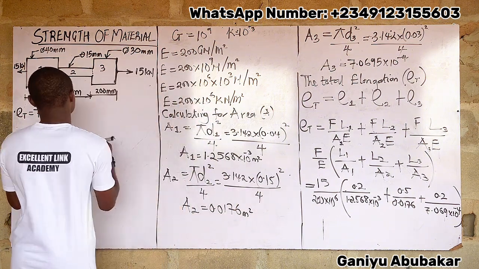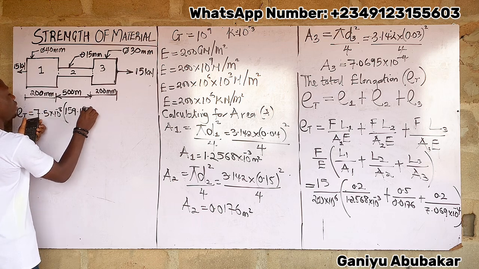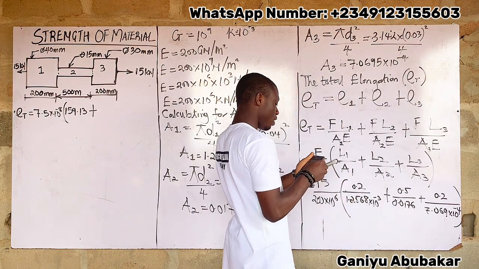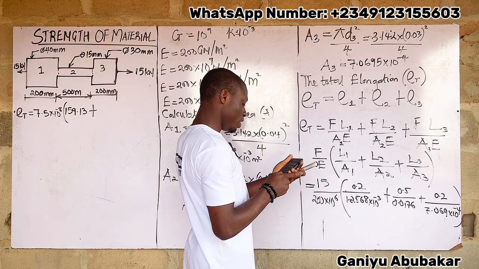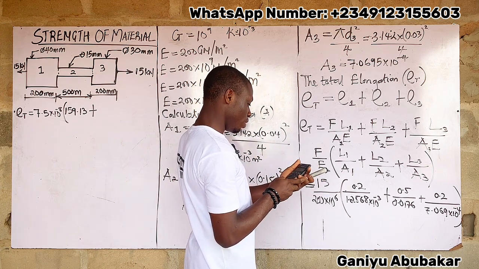So I have about 159.13, plus, divide these two values. What do we get? That's 0.5 divided by 0.0176.